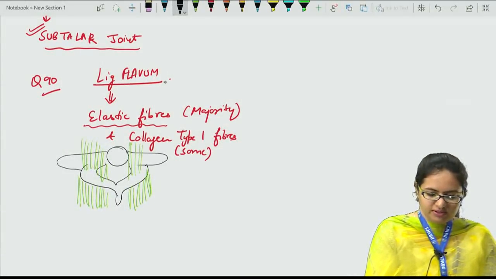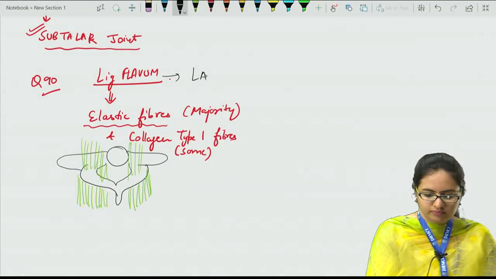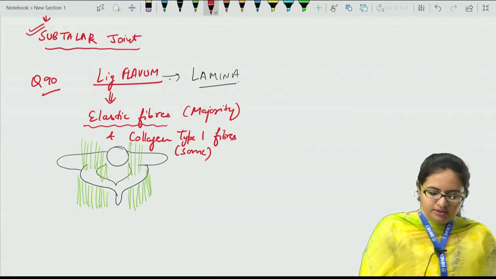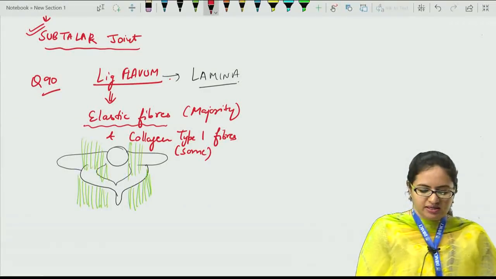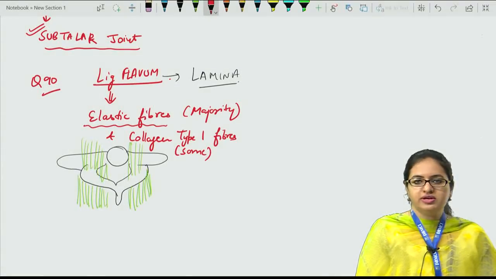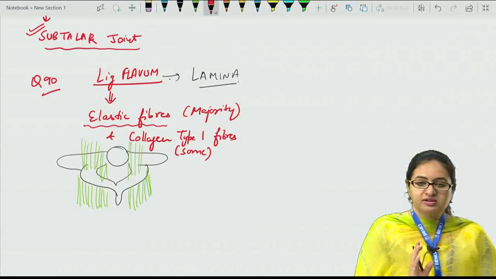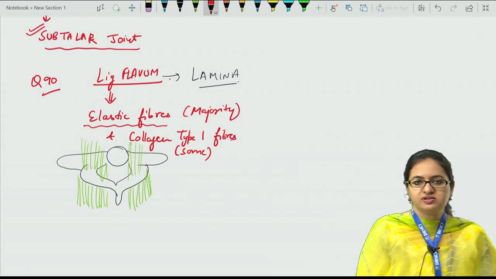The ligamentum flavum is attached to the lamina of the vertebra. Because of the presence of the elastic fibers, it can undergo stretching up to 80%. In the flexion movement, due to these elastic fibers, it prevents any kind of overstretching.